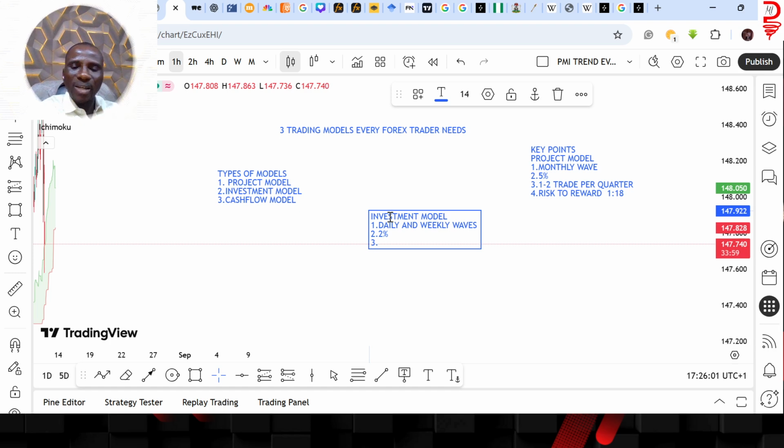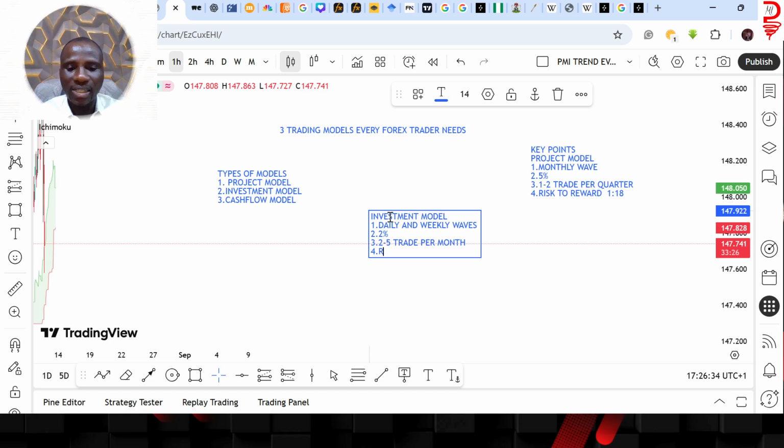Now, for the frequency of trades that you are expected to pick, you are looking at between 2 to 5 trades per month. So in 1 month, you are expecting to see 2 trades, or a maximum of 5, depending on the signals that you can catch for the month.